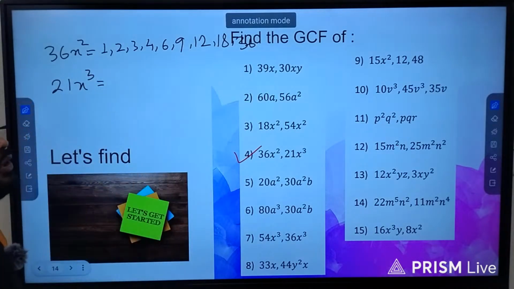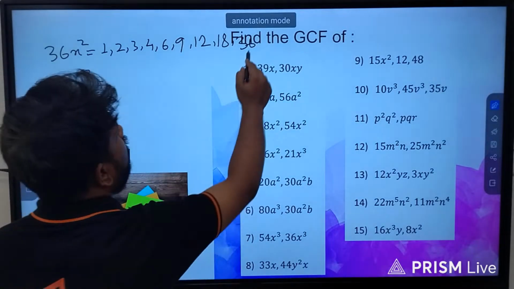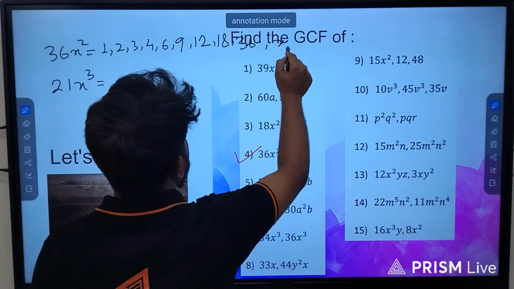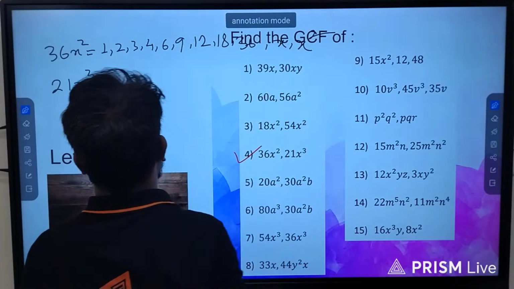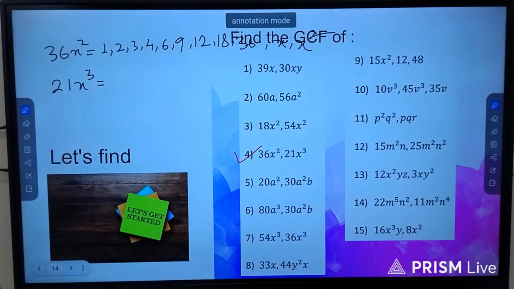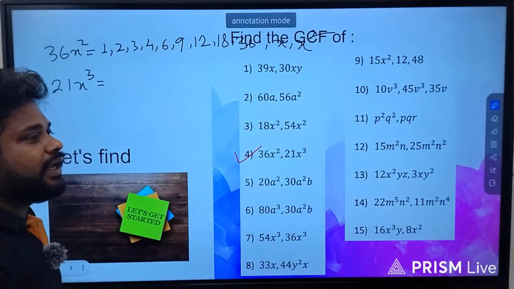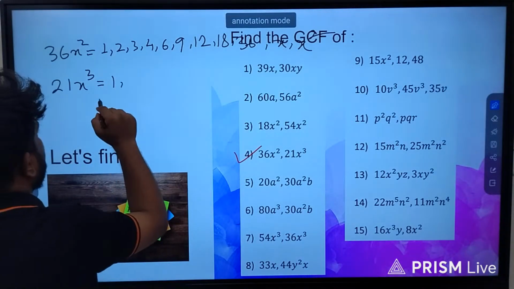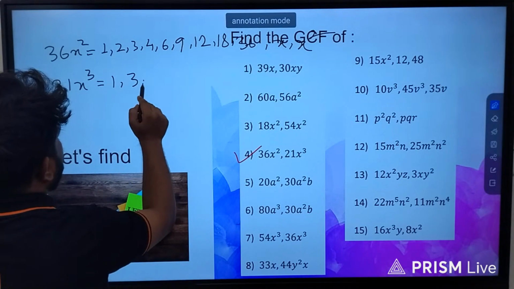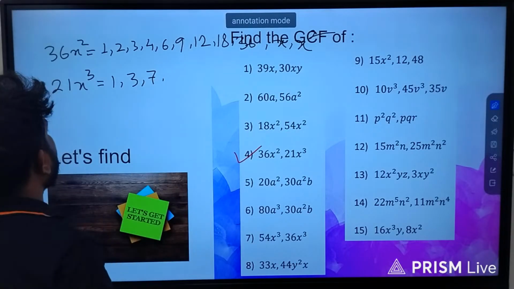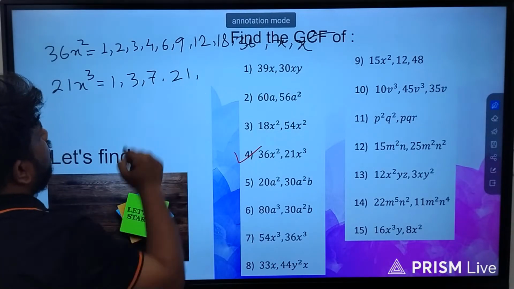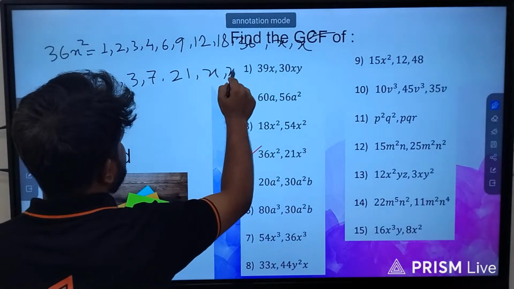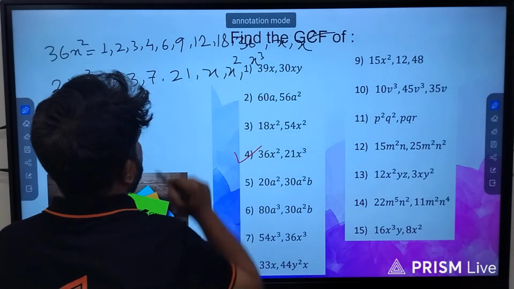These all will be the factors of 36, and also I can take x and x square. Similarly, for 21x cube I can break it down, taking 1, 3, 7 and 21, and x, x square and x cube.